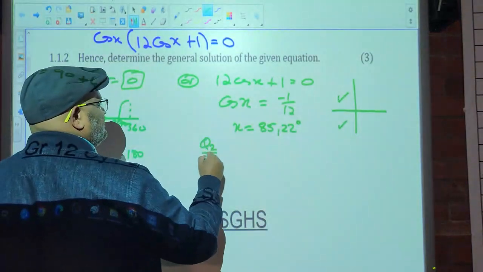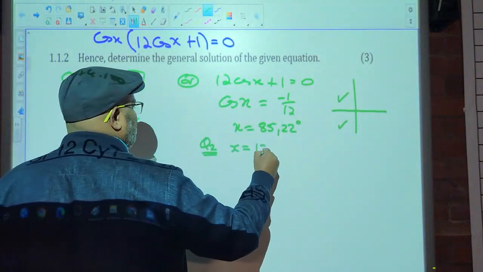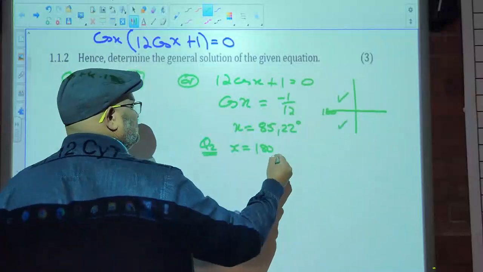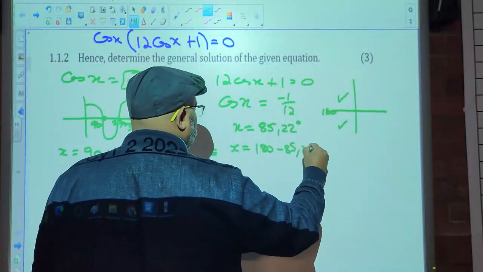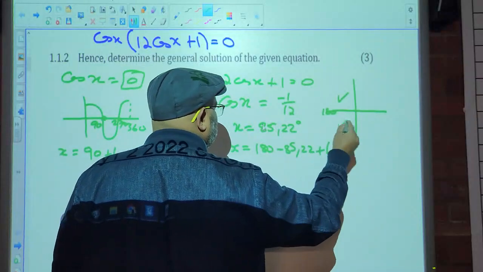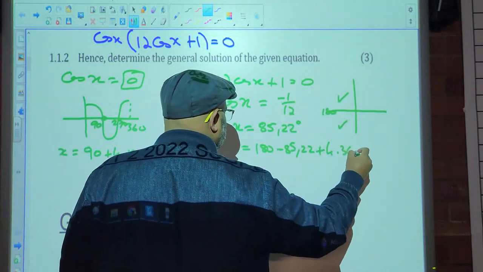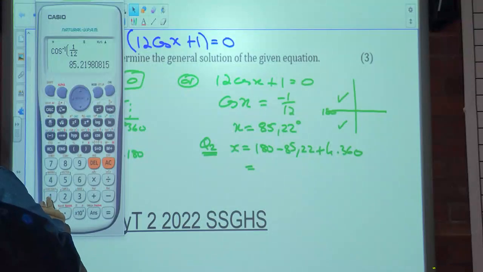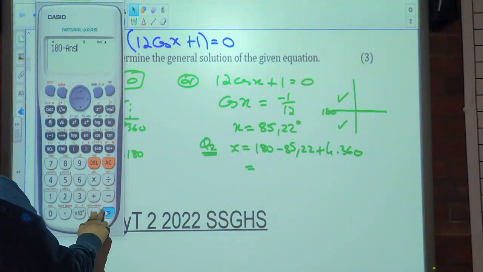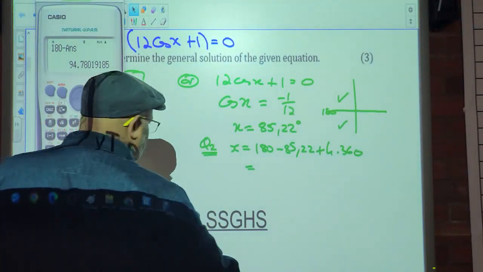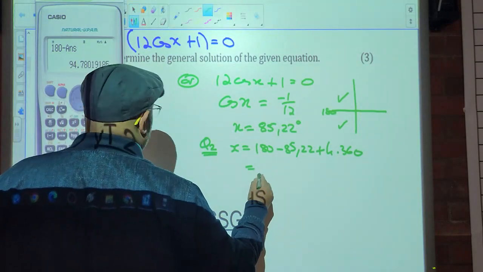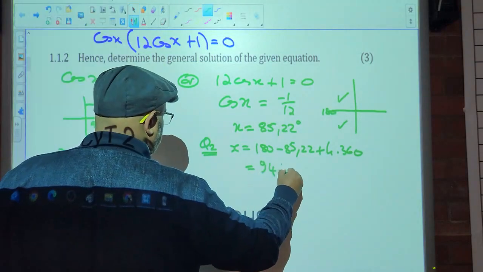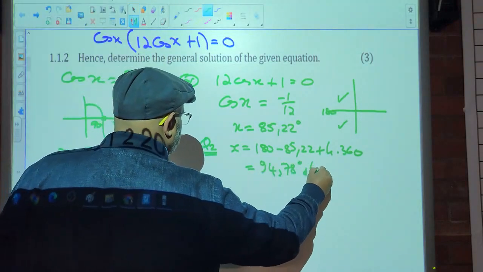So we go to quadrant 2. x is equal to 180 minus 85.22 plus k times 360. So you say 180 minus the answer, which gives you 94.78 plus k times 360.